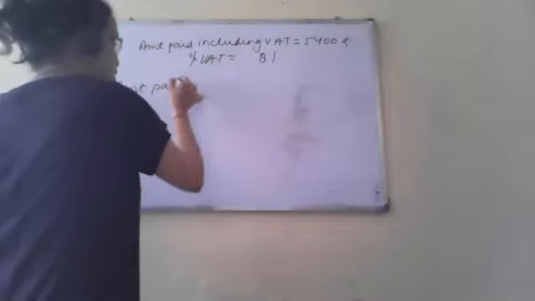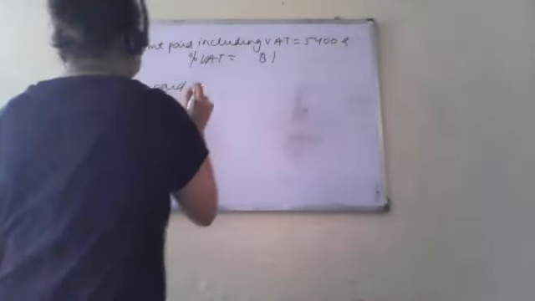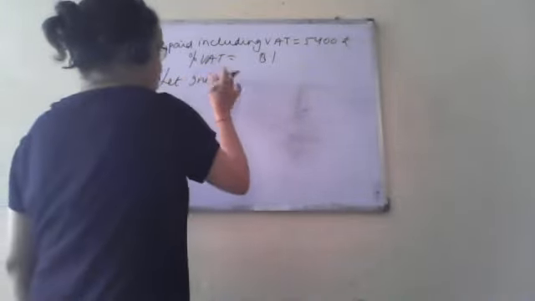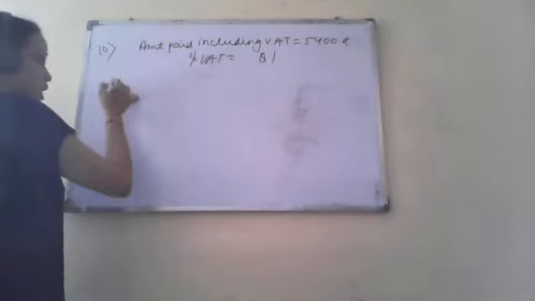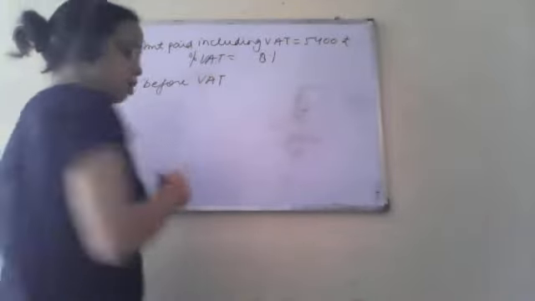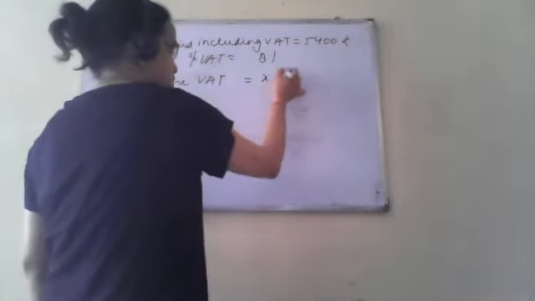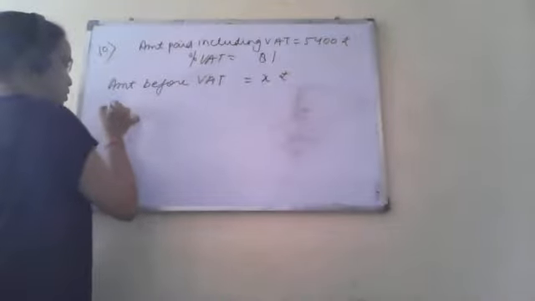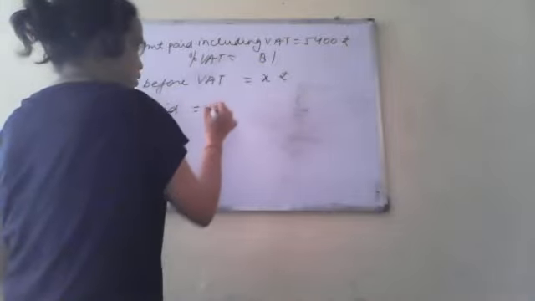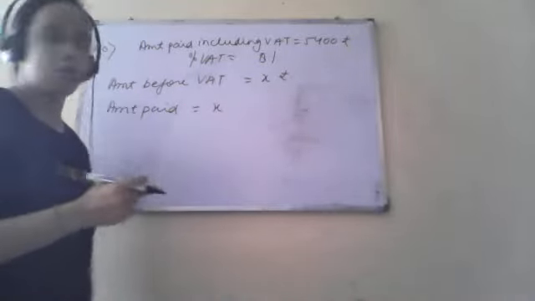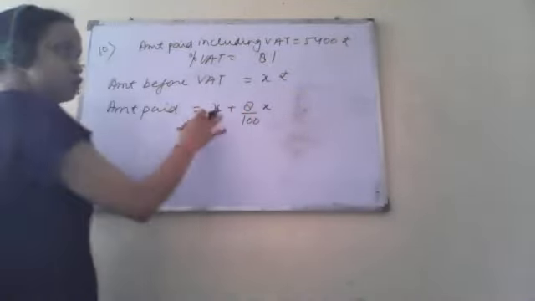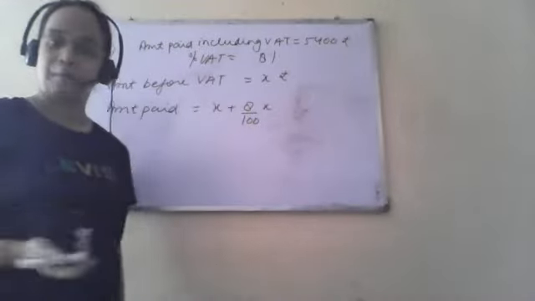So the total amount paid was equal to, let the initial amount, the amount before VAT was added, be rupees X. So the amount paid includes this X, that is the original amount, plus 8% of this X. So it includes the total initial amount plus 8% of that.